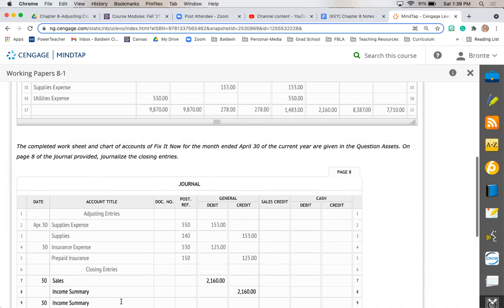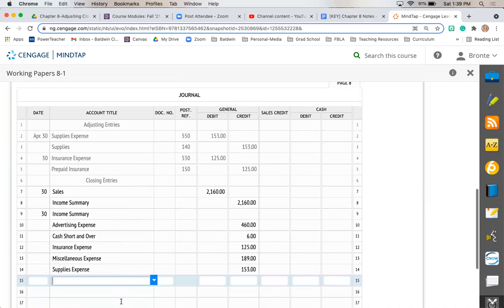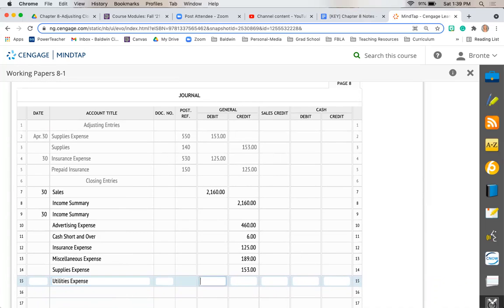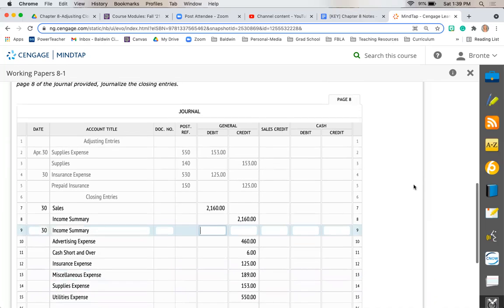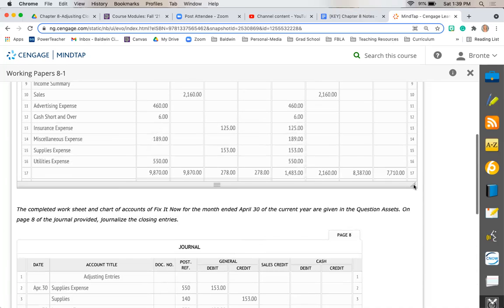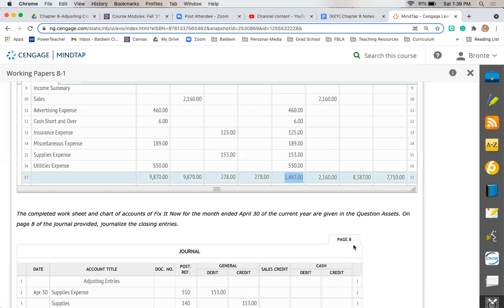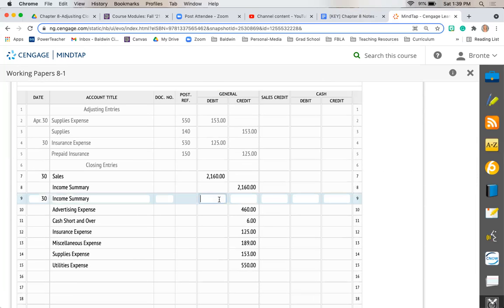And then our last one is utilities expense for $550. Okay, if I add up all my expense accounts here, that's going to be the total that's coming to income summary. If you want to save yourself some time, you've already done that addition, and it is right there, 1,483. So that is what we are closing into income summary.